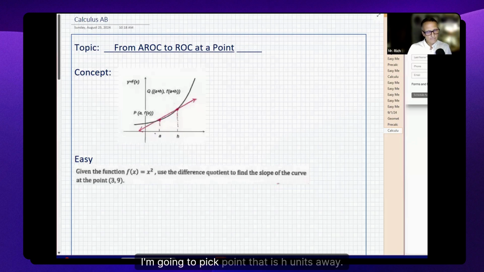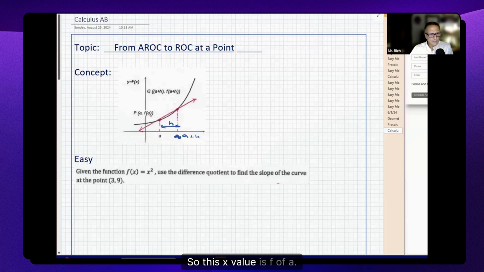I'm going to pick a point that is h units away. In other words, this point is really not h, but it's a plus h, meaning the distance between these 2 points is h. So this y value is f of a, and this y value is f of a plus h.